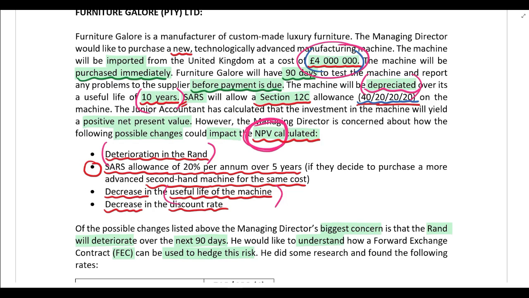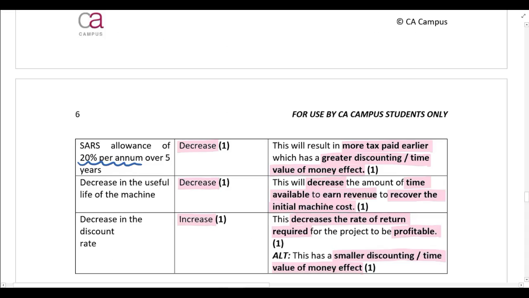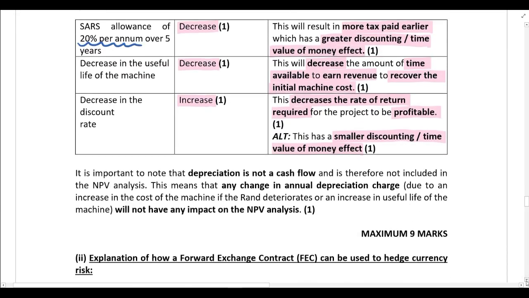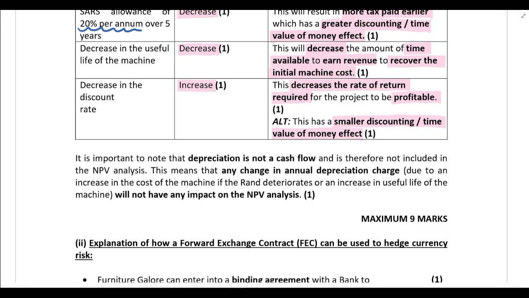So even though some of these changes over here might affect the annual depreciation expense, it will not affect the net present value because of the fact that it's not a cash flow. So there's one mark available just for discussing that over there. So it's important to note that depreciation is not a cash flow and is therefore not included in the NPV analysis.